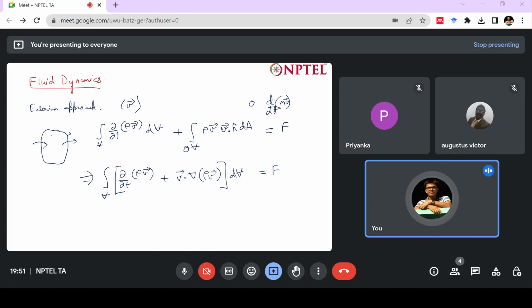The density is changing inside, so the sum of the whole thing will be zero. If we take that into account, this simply reduces to the volume integral of rho dv/dt, and this is equal to my force. I have not touched the force so far.